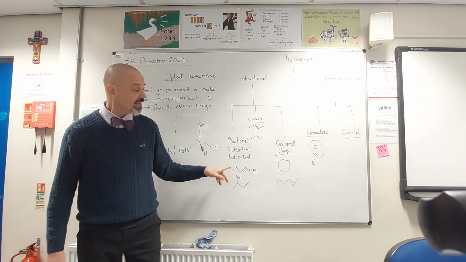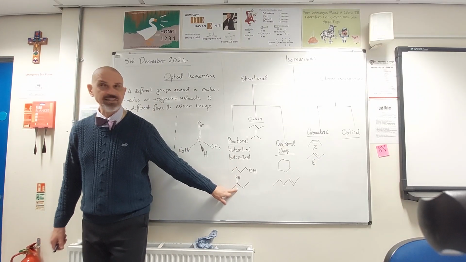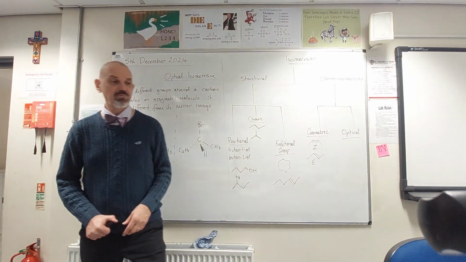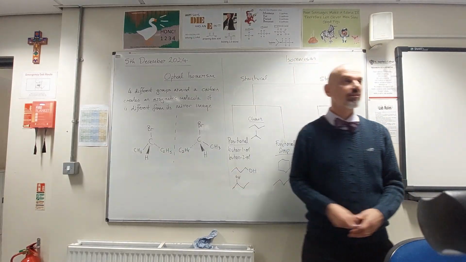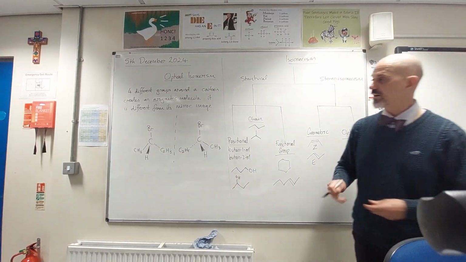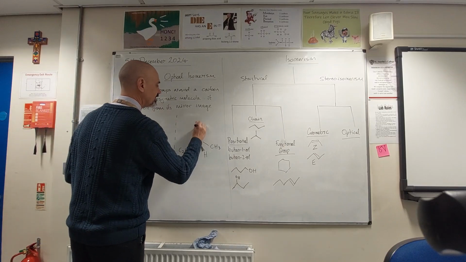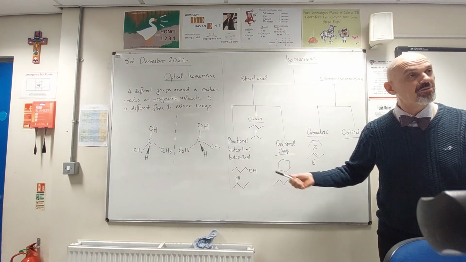So, as we'll see, butane-2-ol is a good example because there are two forms of butane-2-ol. All right? Butane-2-ol can have two stereoisomers. In fact, I've just changed that bromine there. There we go. I always use that as my example as well. They're both butane-2-ol.